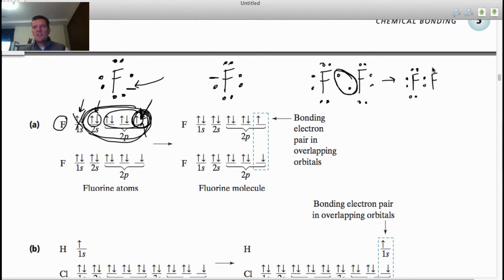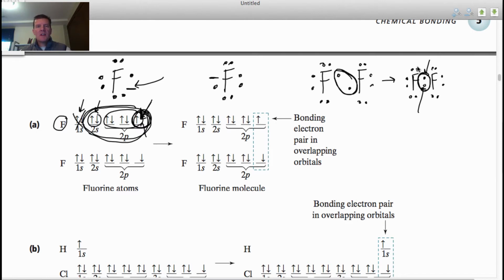And they're sharing a pair of electrons right there. One of those electrons was originally from fluorine number 1, and the other electron being shared was from fluorine number 2. But now they don't care. It's like, let's just share them equally, and we both will count it as our own.